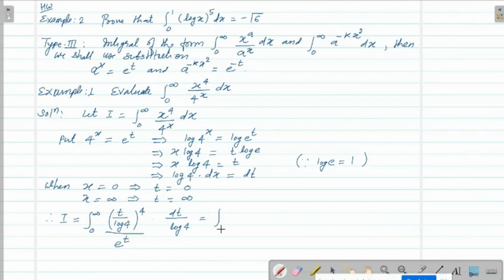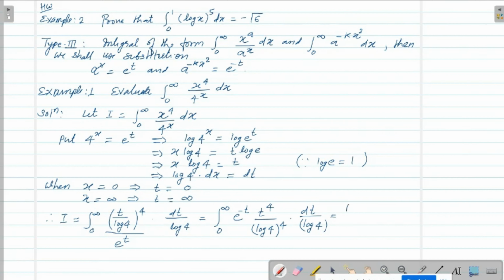So this can be written as integral limit 0 to infinity, e raised to minus t, and t raised to 4 divided by log 4, the whole raised to 4, into dt by log 4. So this is dt by log 4. Now simplify over here.